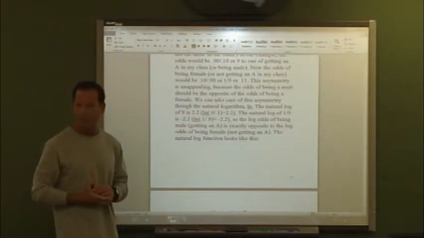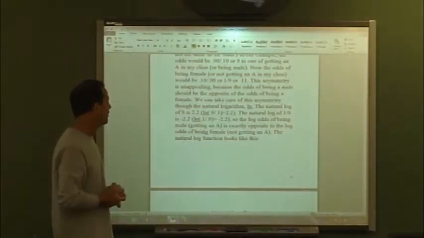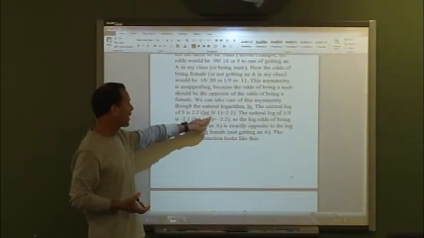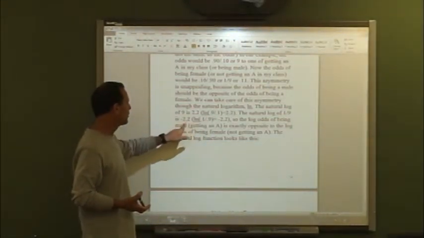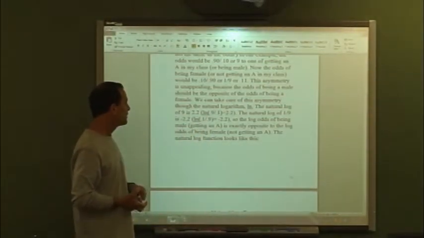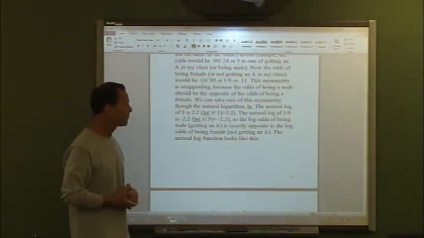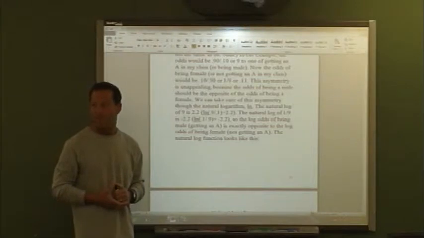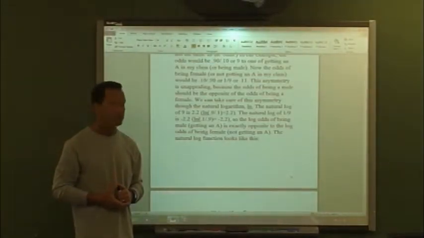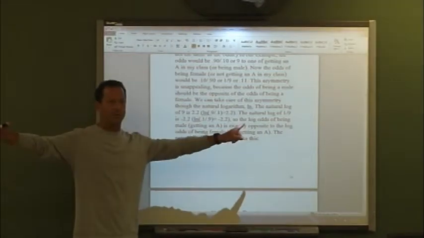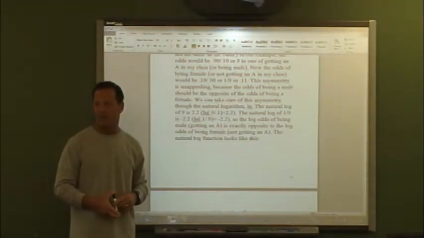2.197. Good, 2.2. That's basically the log of 0.9 over 0.1. Please also take the log of 0.11 and tell me what you get. Negative 2.2. So guess what? The natural log retains the symmetry.